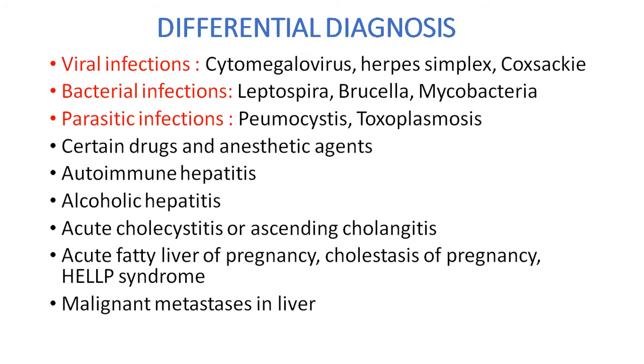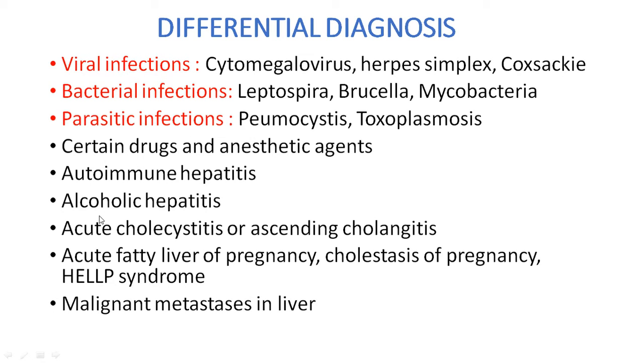Next is the differential diagnosis of viral hepatitis. All infections which cause jaundice can be a differential diagnosis for hepatitis B, for example CMV, herpes, Coxsackie, bacterial infections like Leptospira, brucellosis, mycobacterial tuberculosis, and parasitic infections like pneumocystis and toxoplasmosis. Certain drugs and anesthetic agents can cause jaundice. Anybody knows any? Any anti-tuberculous drugs can cause jaundice.